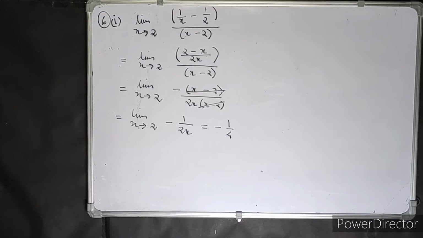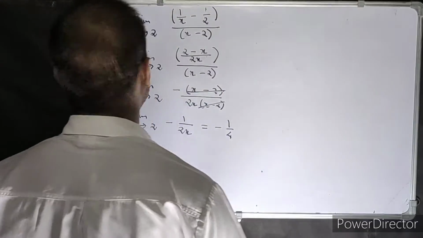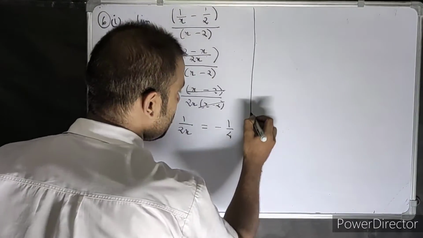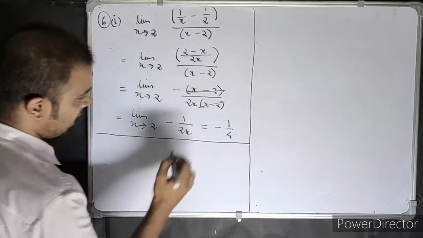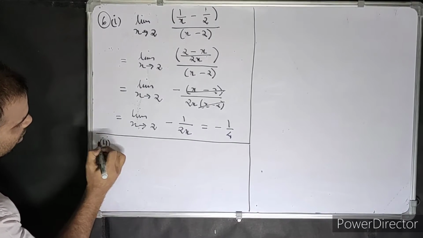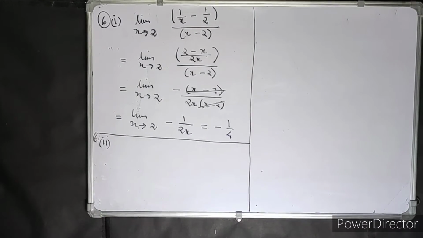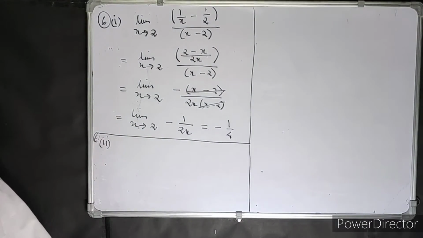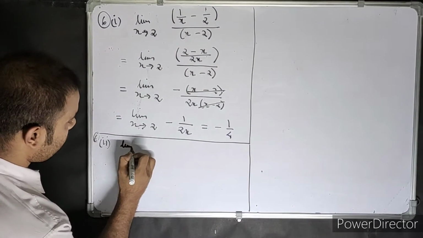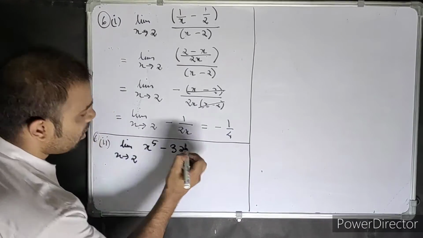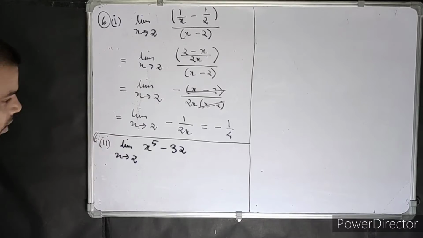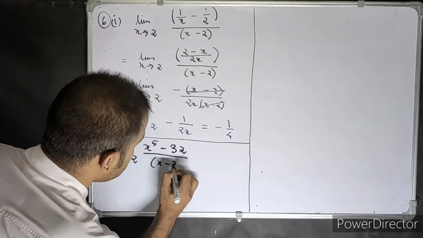Okay, let's go on to the next question. That will be question number 6, part 2. So let's do it here. This is the second part of the 6th question, and it is limit x tends to 2, x to the power 5 minus 32 divided by x minus 2.